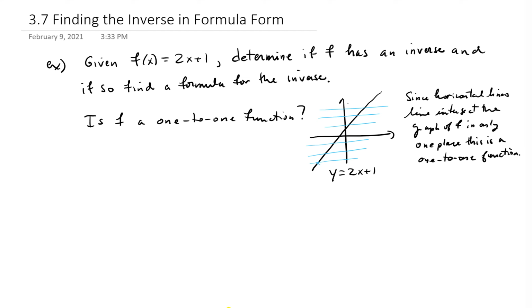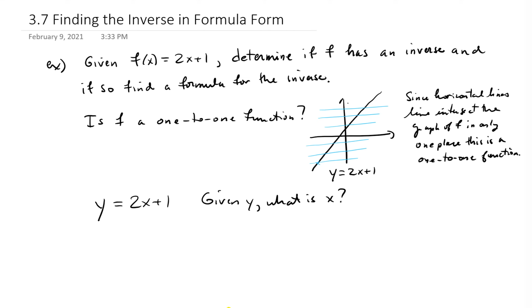So what's the inverse? Right now we've got y as a function of x, but we actually want to revert that. We want to have x as a function of y. So the question is, given y, what is x? We want to write x as a function of y.